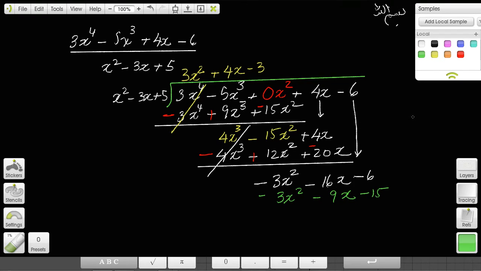Then again, I subtract. That's gone. And this is going to be minus 7x plus 9.